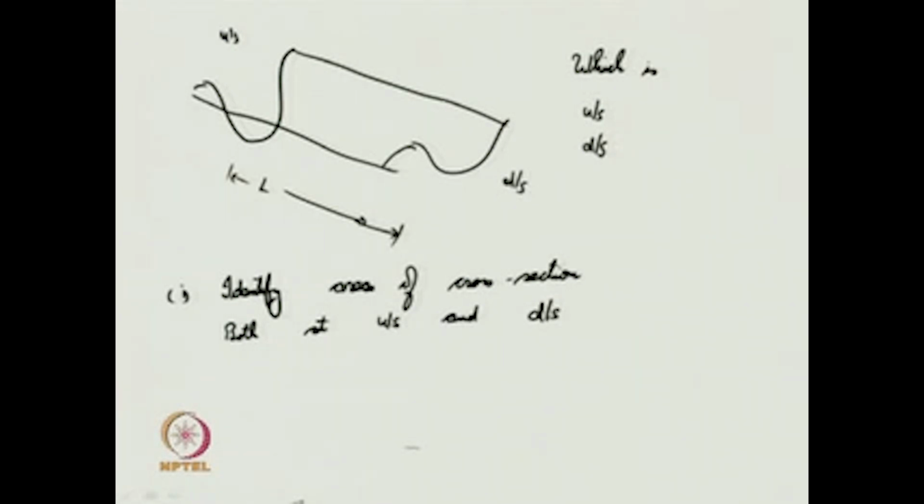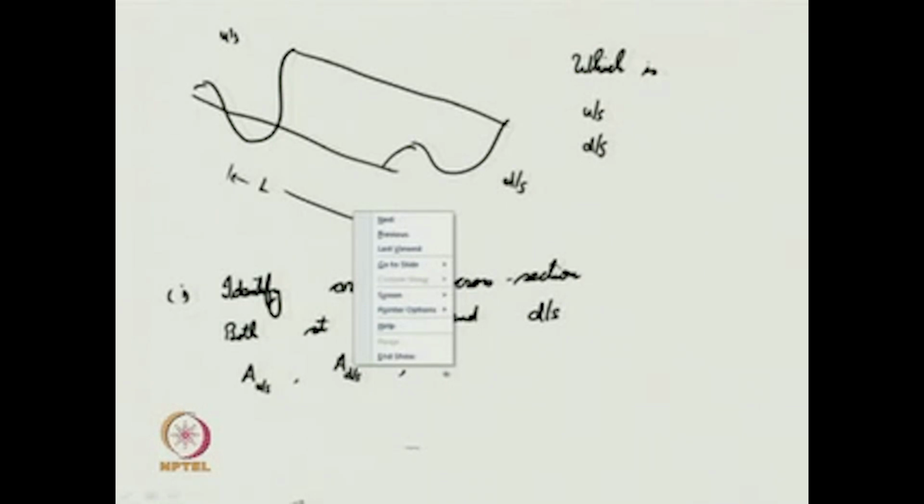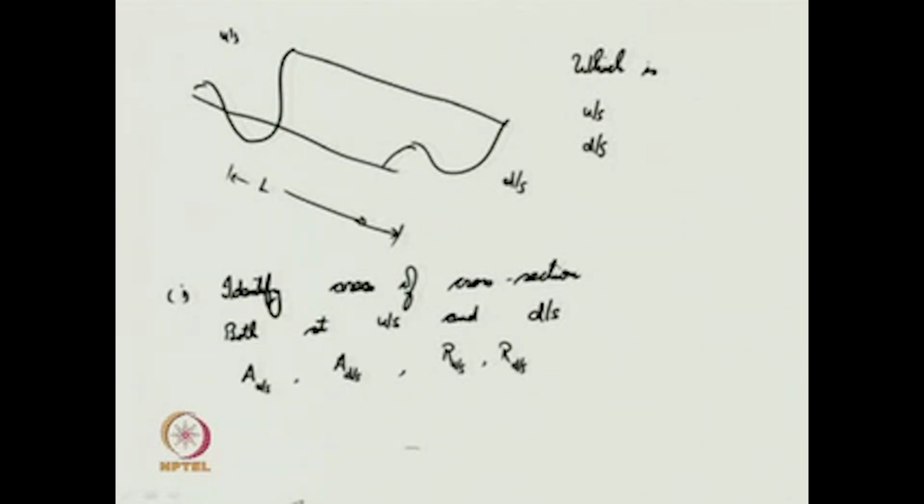You identify the area of cross section at upstream and the area of cross section at downstream. You have to evaluate the hydraulic radius at upstream and the hydraulic radius at downstream. If Manning's coefficient is the same at upstream and downstream, well and good, you can take n itself, or you can suggest n at upstream and n at downstream.